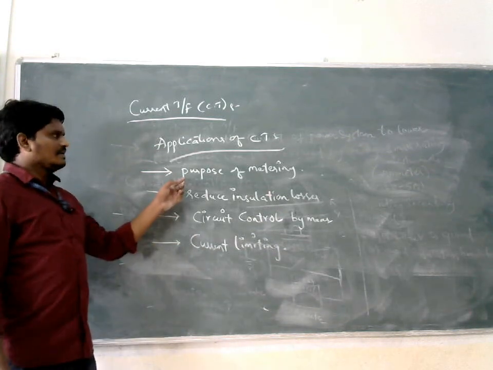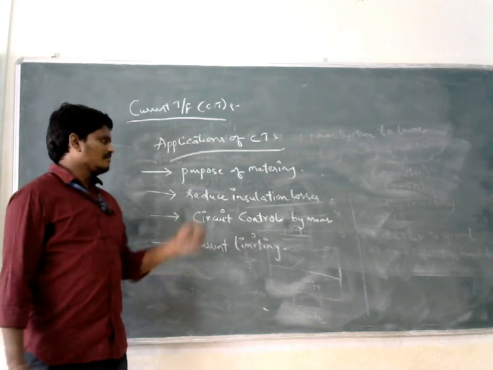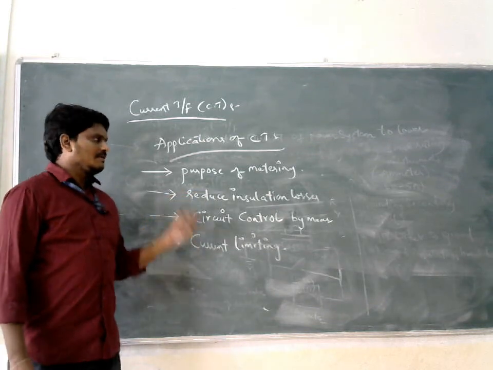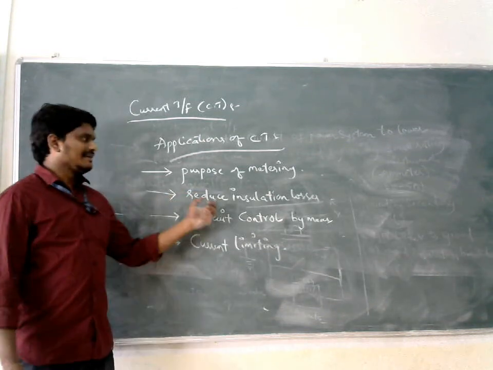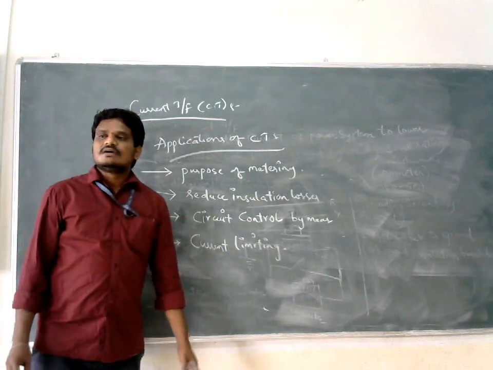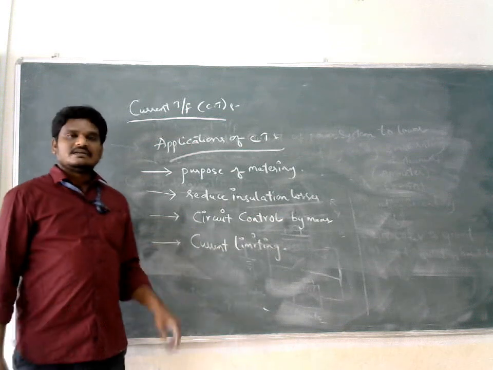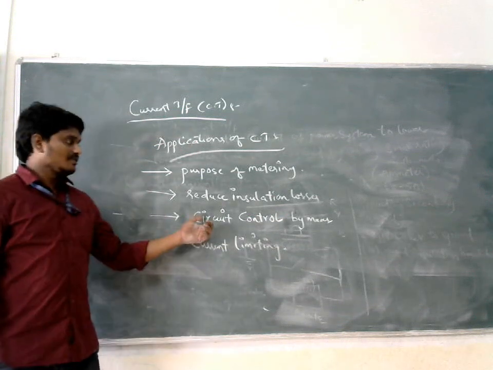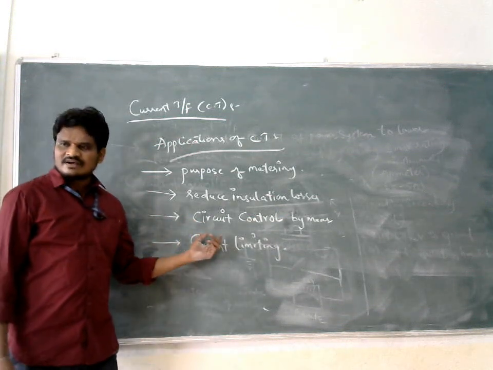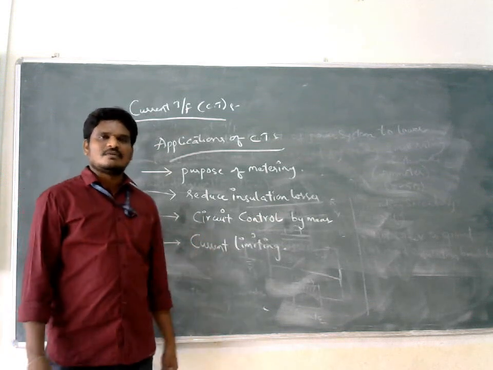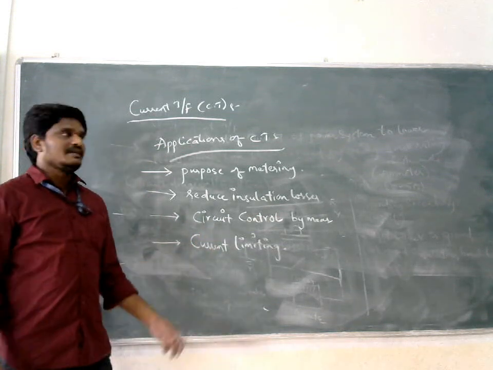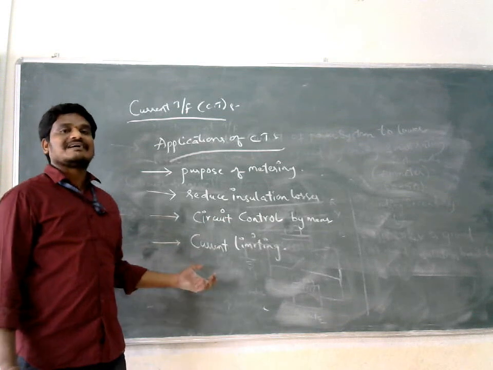What is the first one? It can be used for the purpose of metering. What is the second application? It is used for the reduction of insulation losses. Coming to the third application, it can be used for circuit control by measuring the value of current, or else by measuring the value of power. And the fourth application is, it can also be used for the purpose of current limiting.